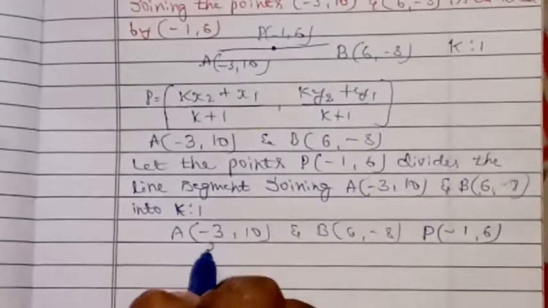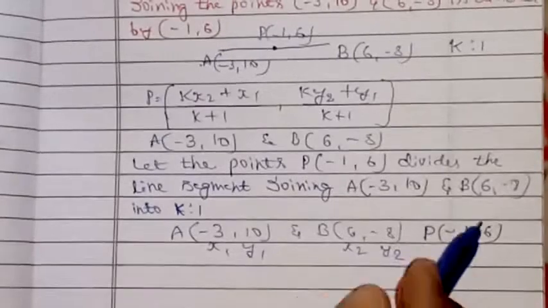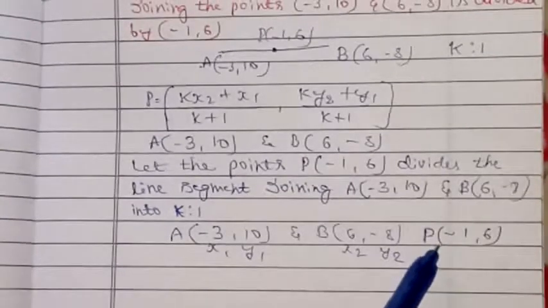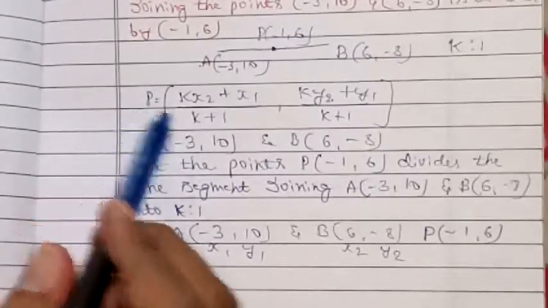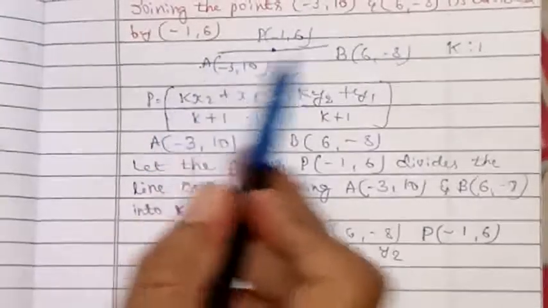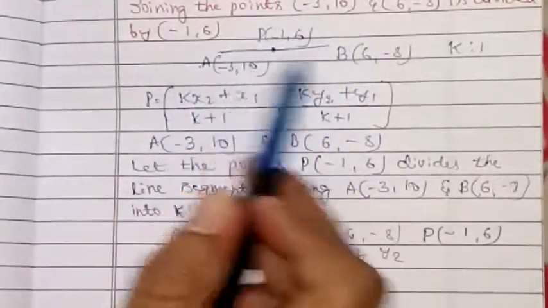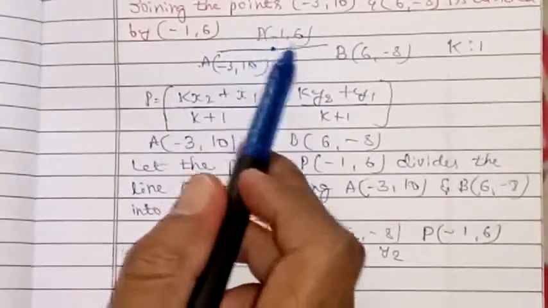Now as usual, call this x1, y1 and this x2, y2, and you need to apply the P coordinates in the place of P, children, and find the ratio in which the line segment AB has been divided at the coordinates (-1, 6).